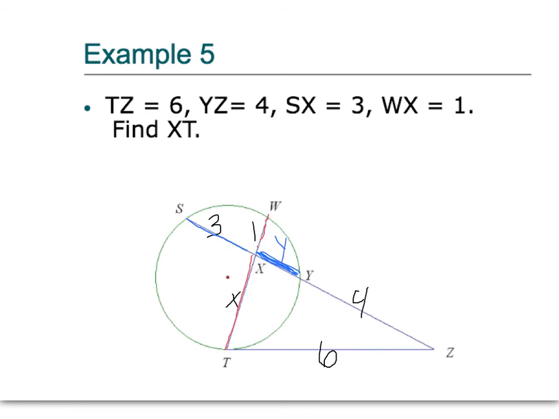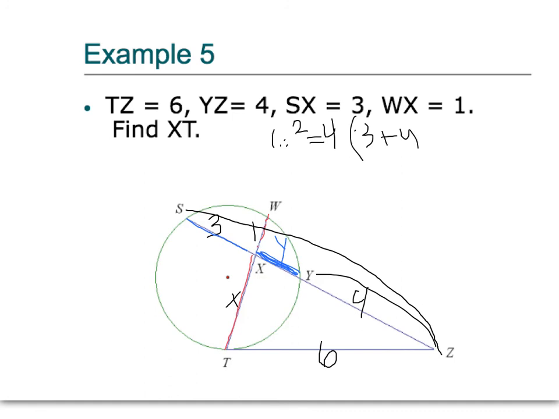Okay, looking at what's going on outside of my circle, it looks like I can do 6 squared equals this outside, which is 4, times the whole thing. And the whole thing here is cut up into 3 segments. Normally we're used to seeing it as 2 segments, but don't freak out. It's 3 plus y plus 4.